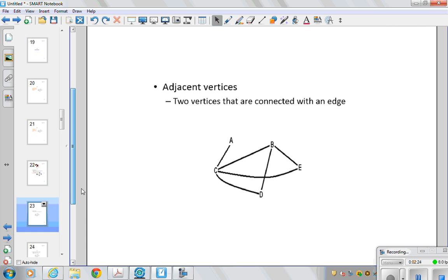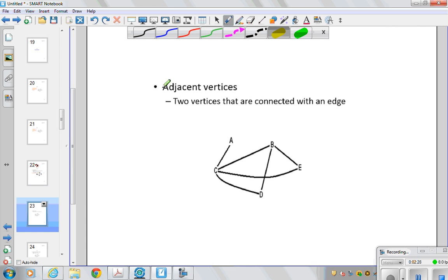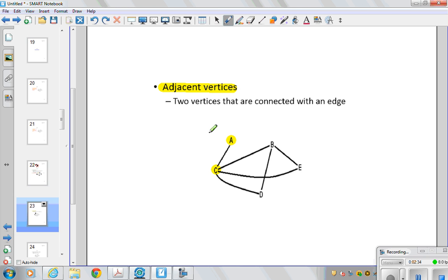Another term I would like you to be familiar with is what is called adjacent vertices. Now, you already know what vertices are. Those are points, like points A and C. The reason that they are adjacent is because they are connected to each other with an edge. So notice the edge that is between C and A, then you would say C and A are adjacent.